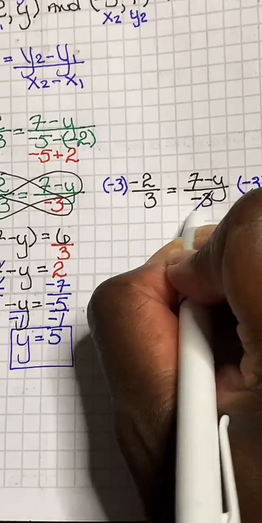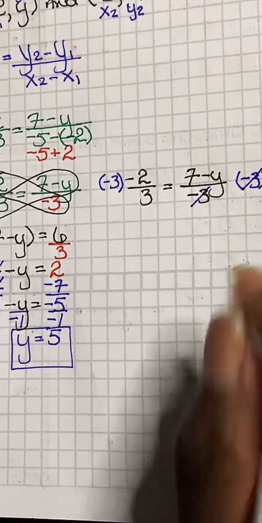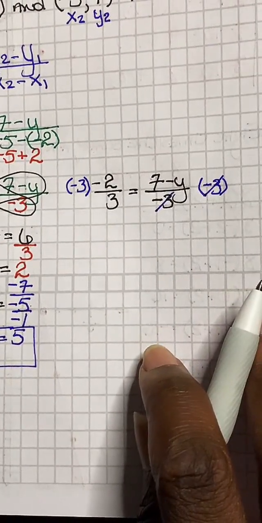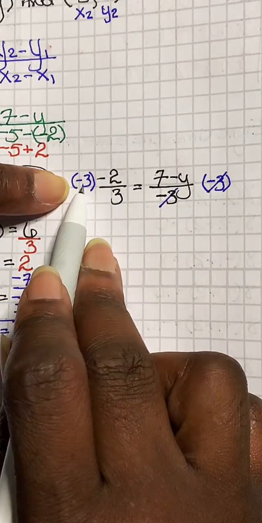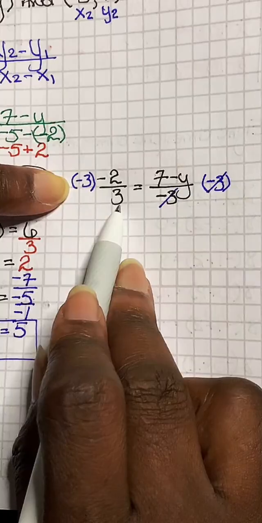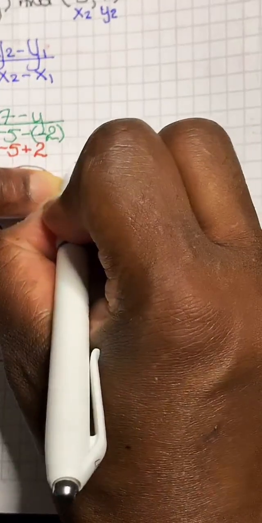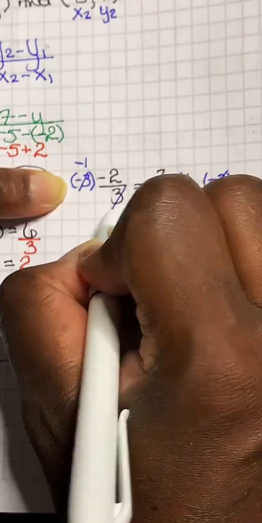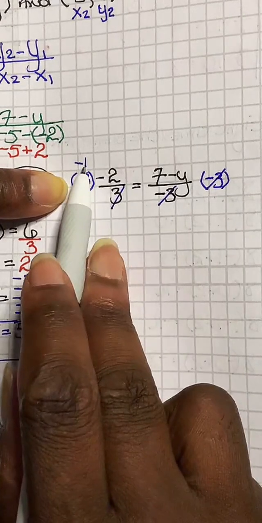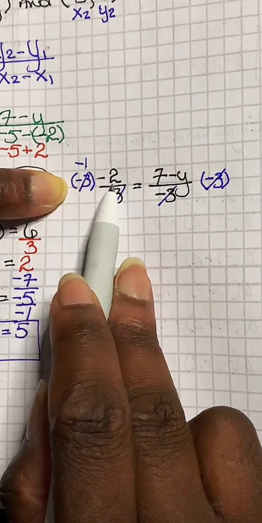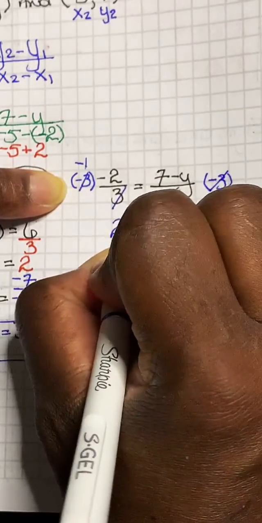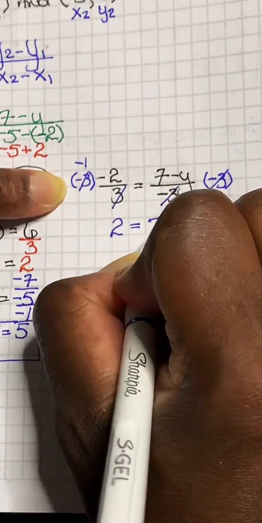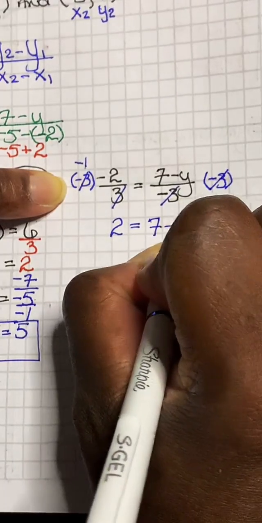So -3 times -3, they will cancel out. Then over here, I have a -3 divided by 3. That will give me a -1. So -1 times -2, that will give me a 2, equals 7 minus y.